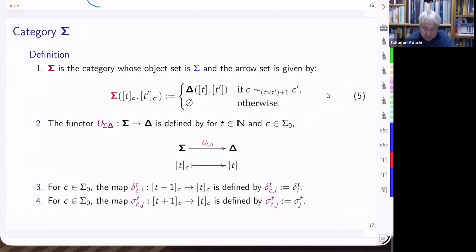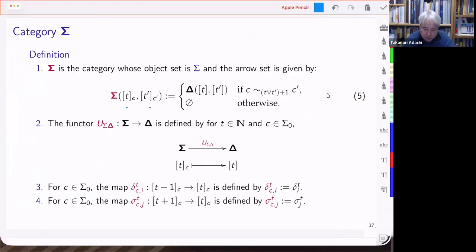And the arrows between T and T dash C are dropping the context, and the T bracket, T dash bracket. So these are just the delta, I'm sorry, simplex, the simplex category delta, the arrows of simplex categories.